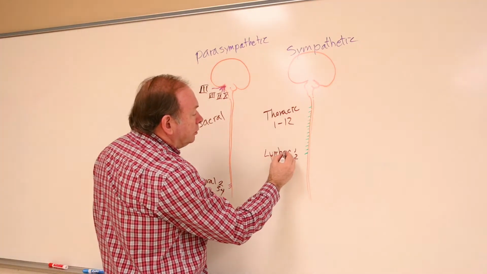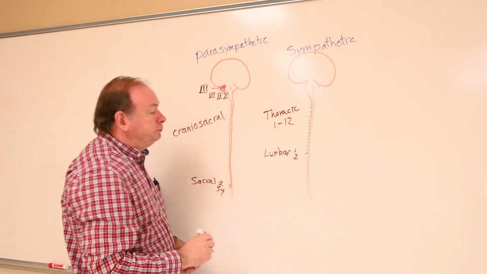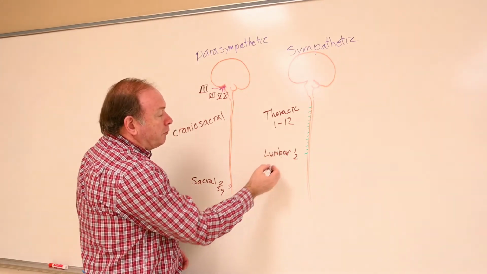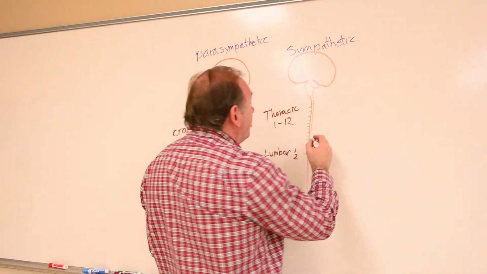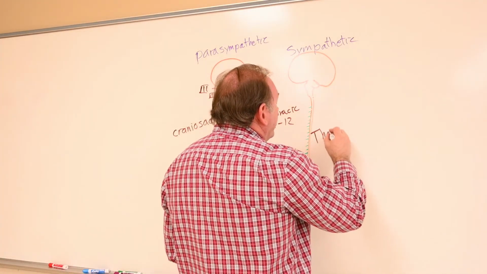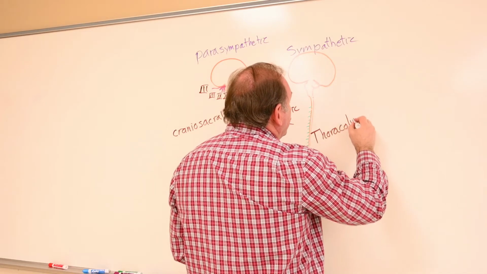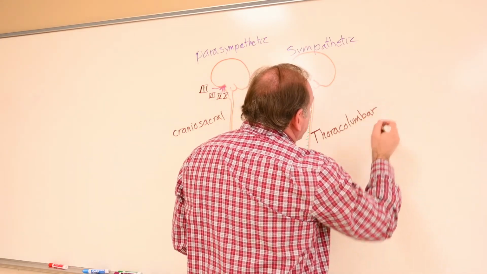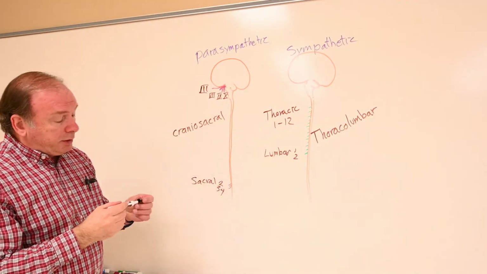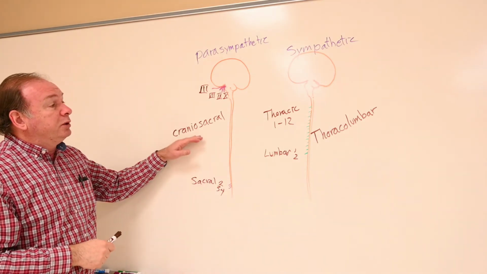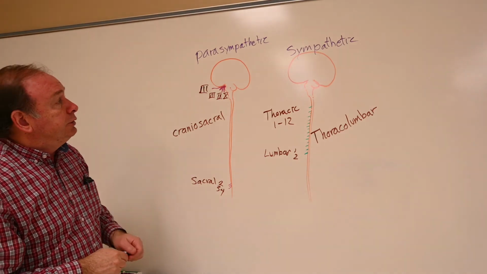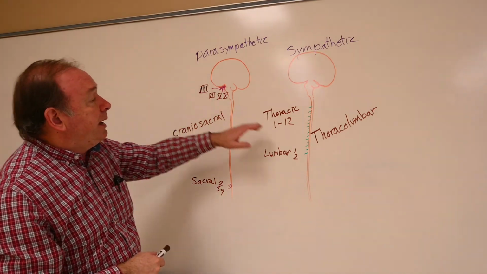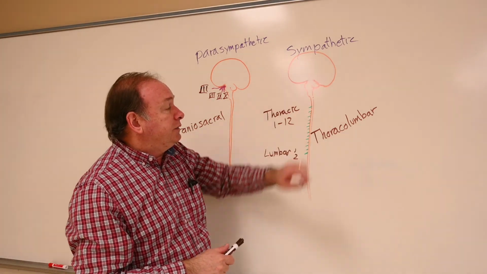And for that reason, it's called the thoracolumbar division, as opposed to a craniosacral division of the nervous system. So craniosacral, parasympathetic; thoracolumbar, that's the sympathetic branch.